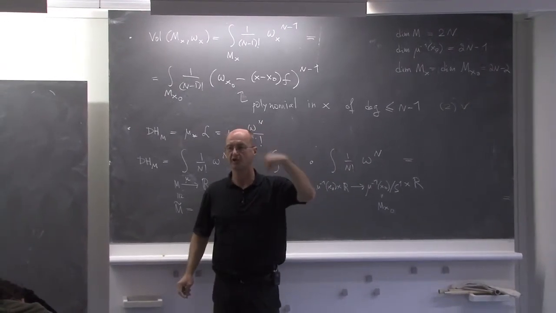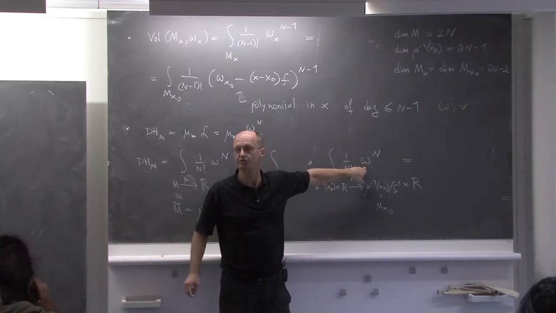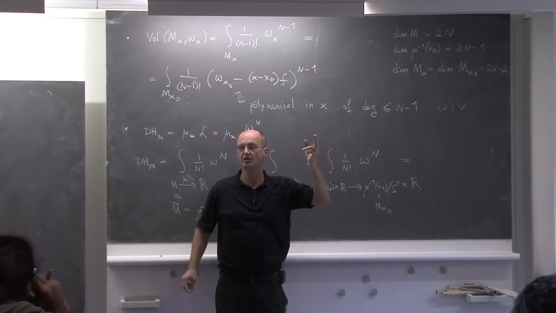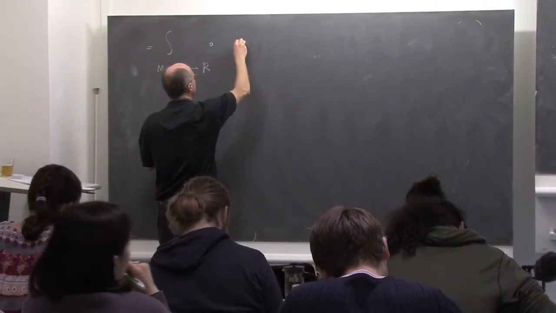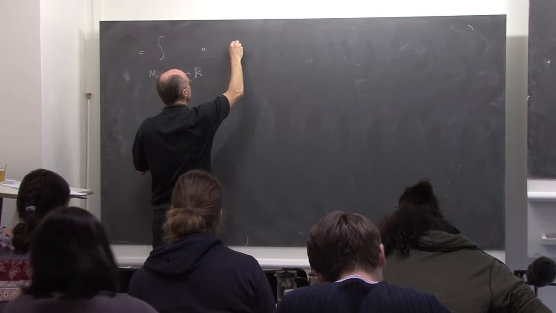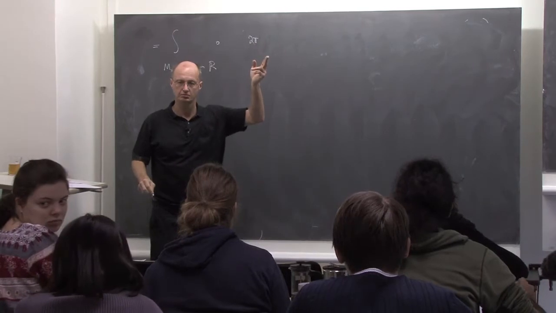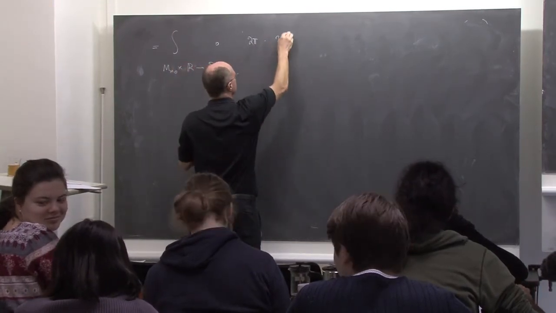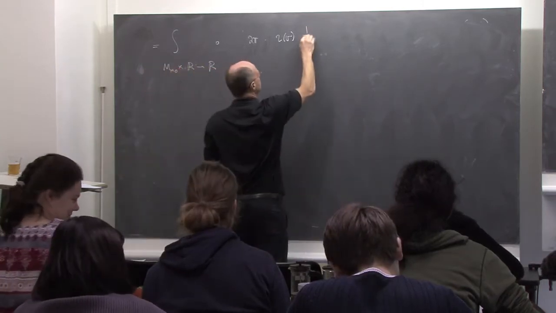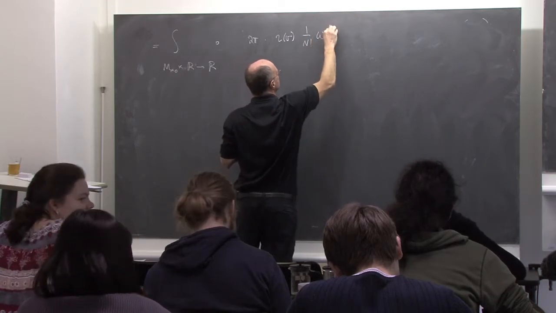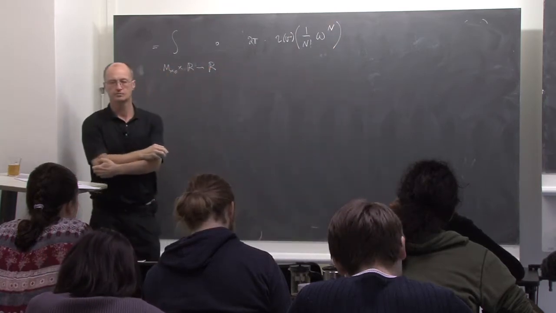Again, I have an S1 bundle, and I'm integrating an S1 invariant top degree form over those S1 directions. Let me just write a claim, and then you will say whether you agree with it. The result will be the length of the circle times the contraction of the fundamental vector field into this top degree form.